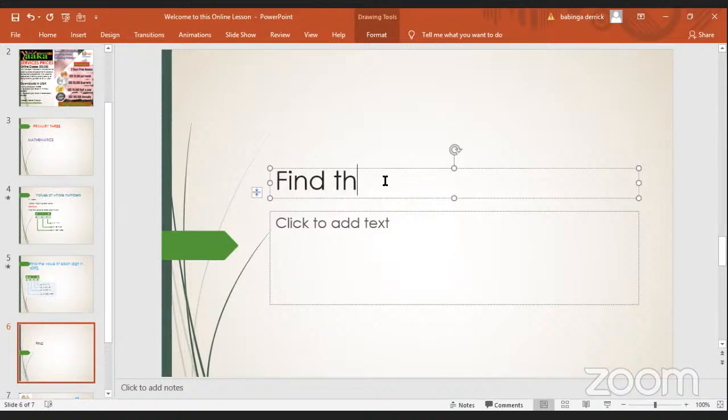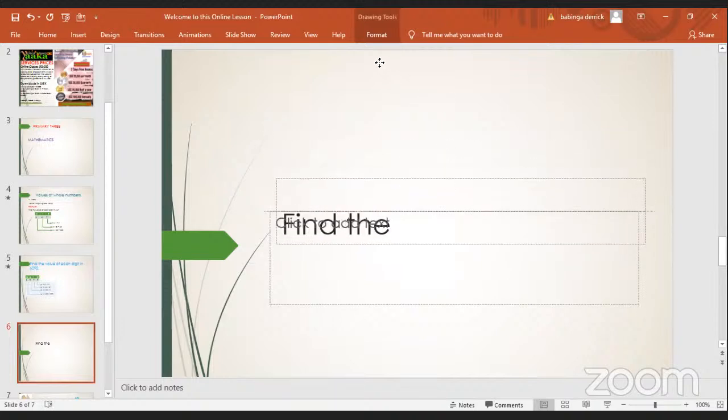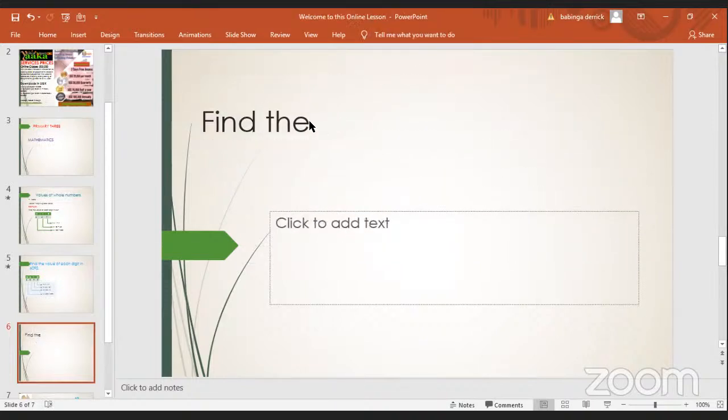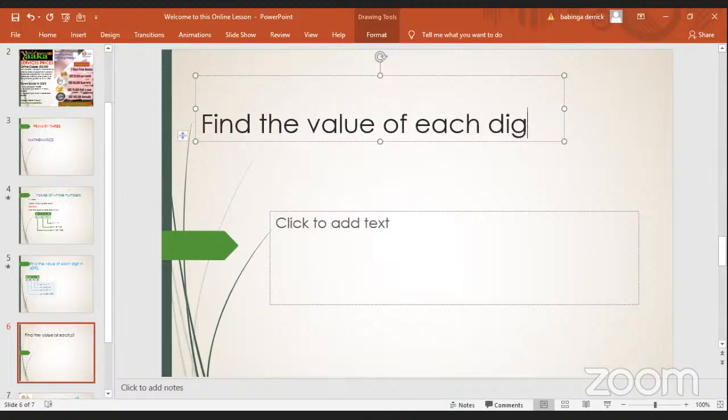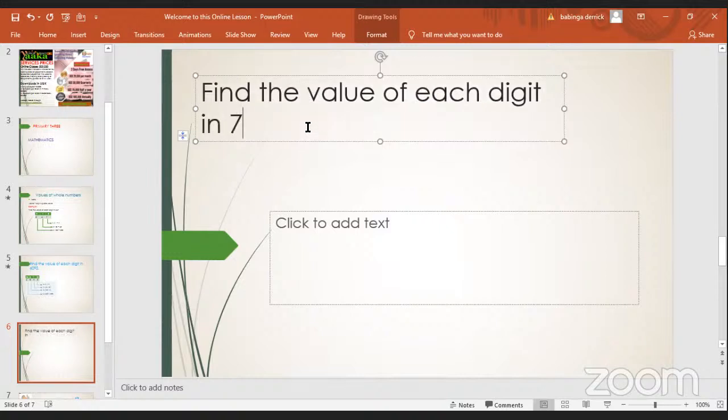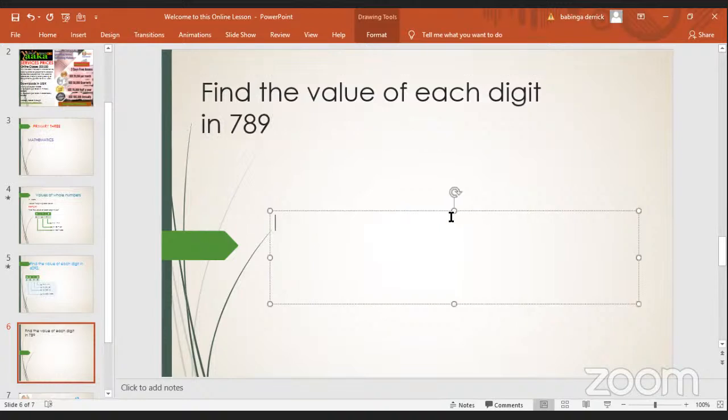Find the value of each digit in 789. I'm waiting for your answers.